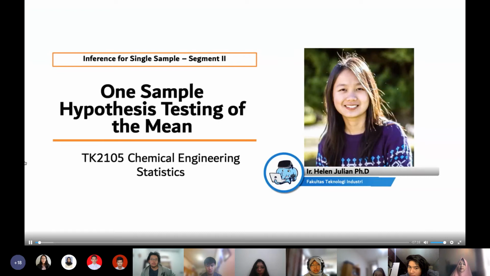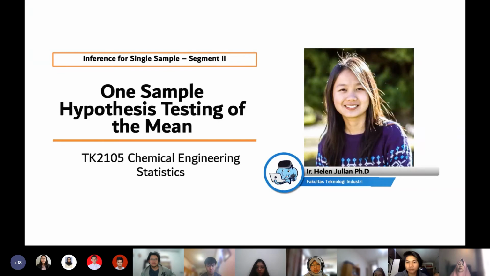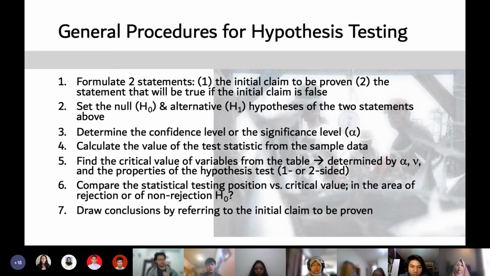Hi, welcome back to Chemical Engineering Statistics. Now, we will learn how to do one sample hypothesis testing of the mean. In general, the procedure for hypothesis testing is as follows.